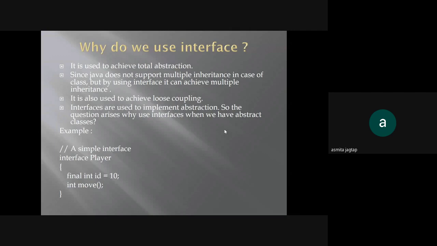That is the drawback of Java. That is why the interface comes into the picture. With the help of interfaces, we can implement multiple inheritance. That means we can implement multiple interfaces in our classes, with comma separation. So I have created.